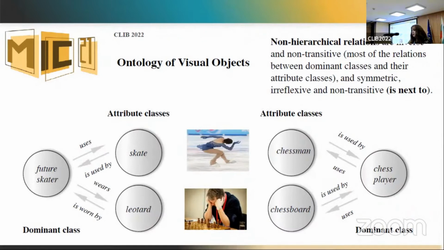These non-hierarchical relations are relations between dominant classes, as I mentioned, and their attribute classes. They are symmetric, irreflexive, and non-transitive relations. An example of a symmetric, irreflexive, and non-transitive relation is the relation is next to.